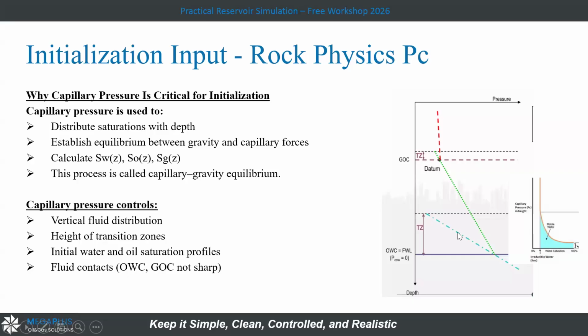So it will distribute saturation until what happens? Until the capillary pressure stays constant, and you will find the irreducible oil saturation distributed with the pressure like this. This is how capillary pressure works in distributing the saturation, knowing the pressure.